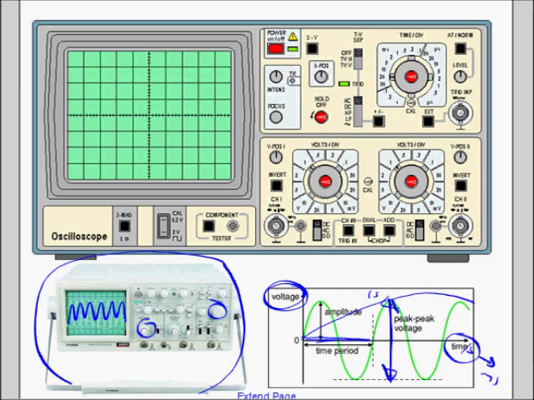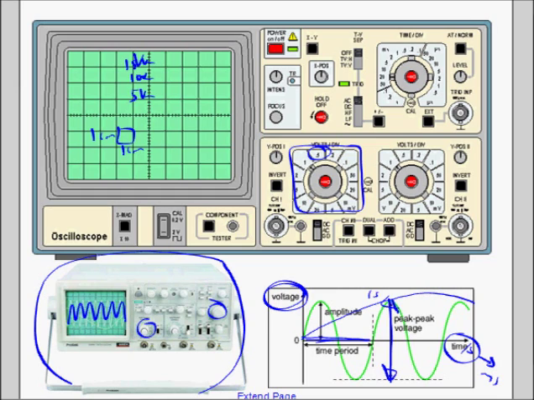So on our thing here, okay, we have little centimeter squares. Okay, 1 centimeter by 1 centimeter. Now if we look at this dial here, this is the volts per division dial. Volts, remember, is on the y-axis. Okay, now if we set this thing to, let's say, that value there, which is 5 volts per division, that means for every 1 centimeter, it would be 5 volts.